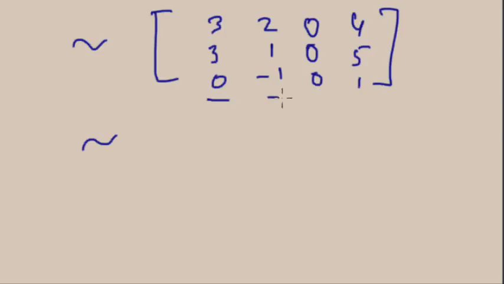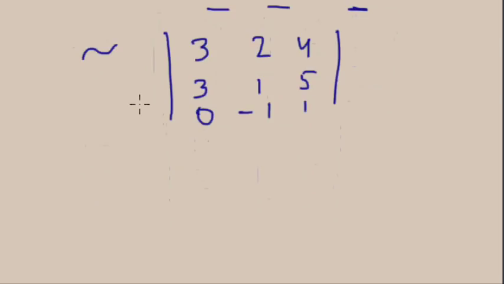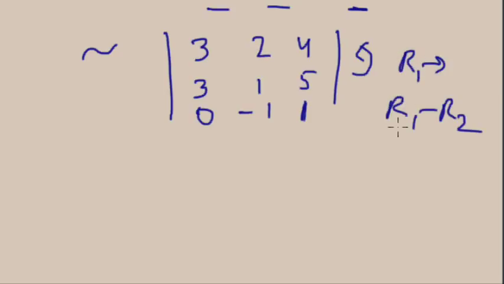So I am taking this and this: [3 3 0; 2 1 minus 1; 4 5 1]. I am finding out the determinant of this, performing R1 minus R2.